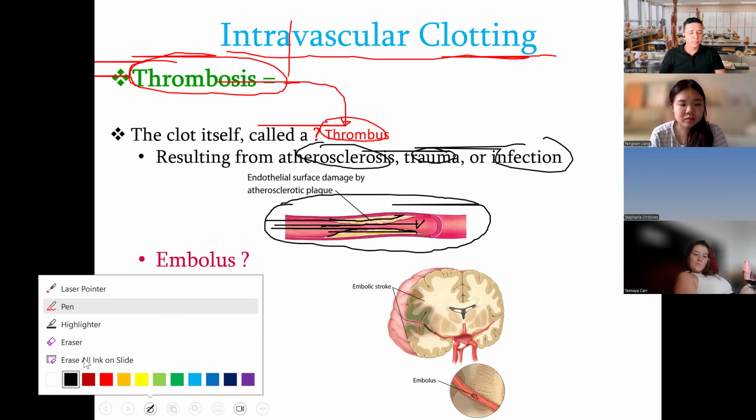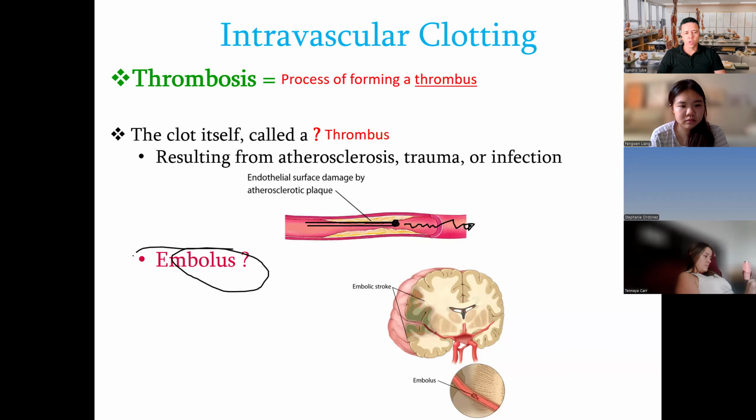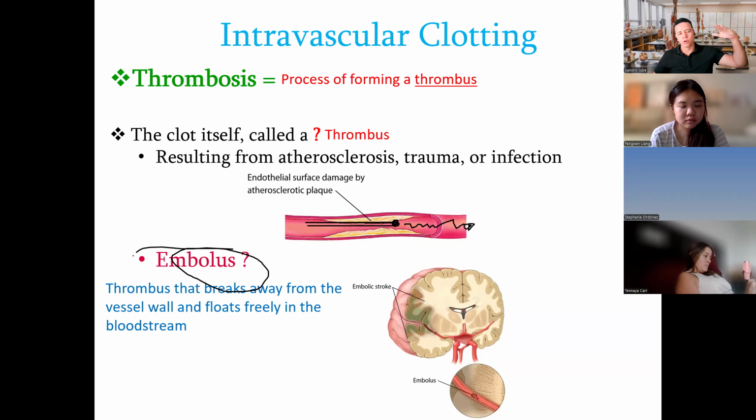Now, a thrombus is when the clot is attached to the wall of the blood vessel. Let's say there's a thrombus right here. If the thrombus detaches from the wall of the blood vessel and now starts to circulate in the bloodstream, this is what we call an embolus. So an embolus is a thrombus that broke away from the vessel and now floats freely in the bloodstream.